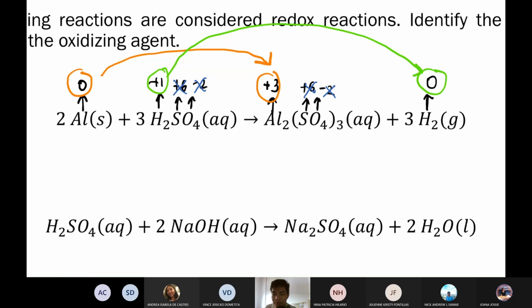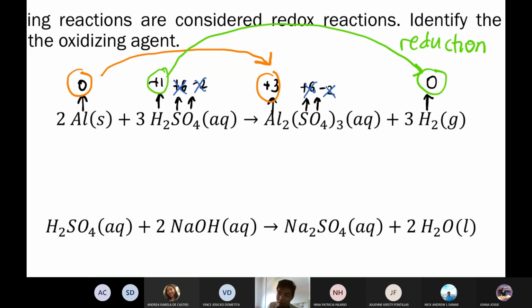Green. Bakit green? Kasi bumaba yung number eh. From positive 1 naging 0. Siyempre, mas mababa 0, di ba? Okay. So, from positive 1 naging 0. So, that is lowering of the number. So, yeah, you are correct. Green is reduction reaction.